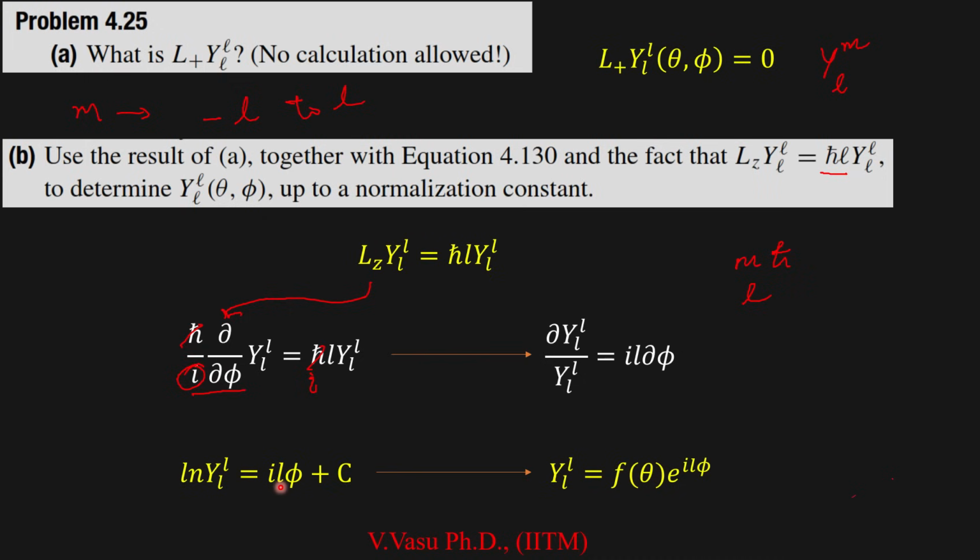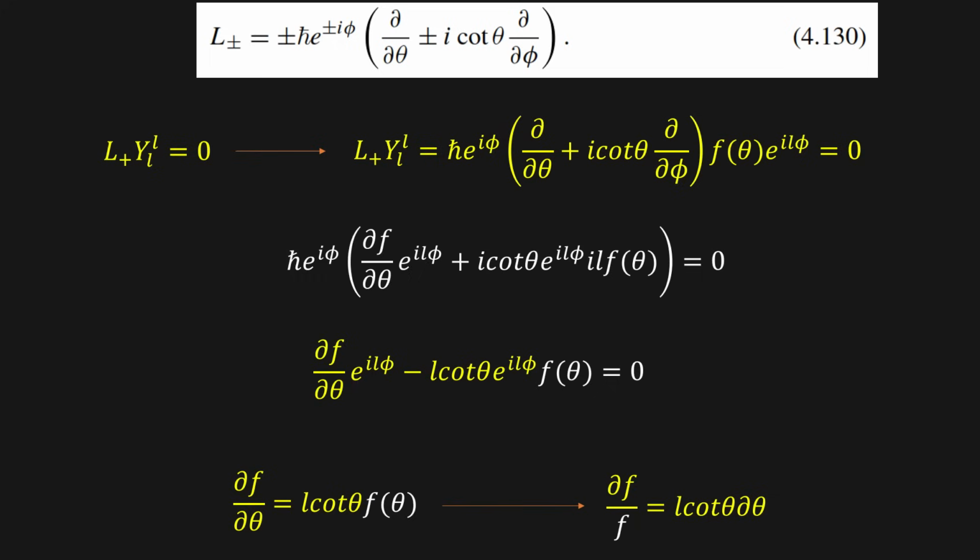And if you take the exponential of both sides, this becomes Y_l^l and this becomes f of theta e to the power plus i l phi. So the wave function Y_l^l is equal to f of theta e to the power i l phi. Then we will move further.